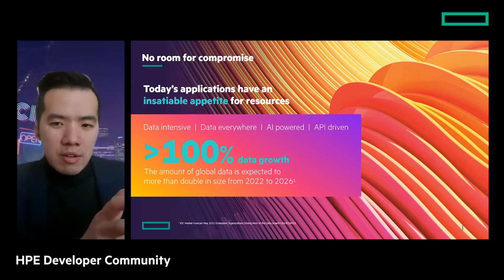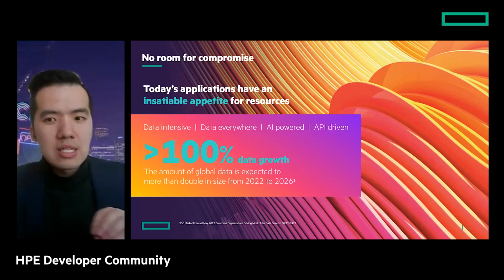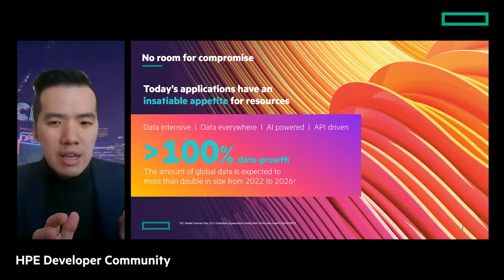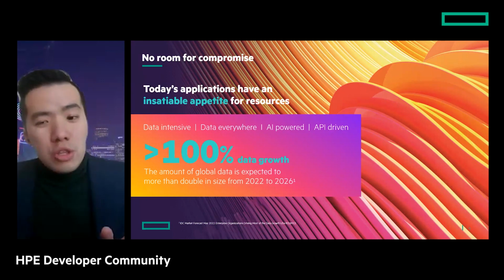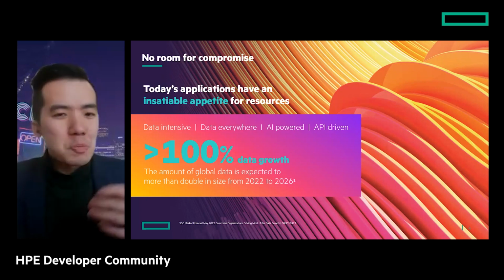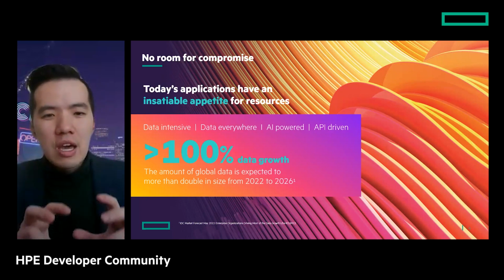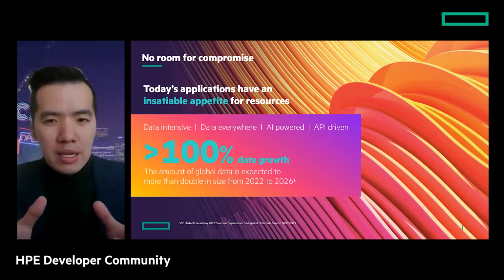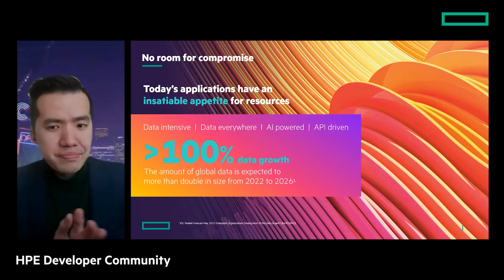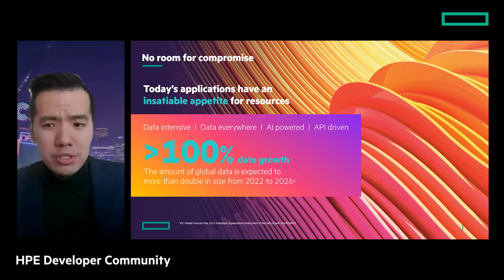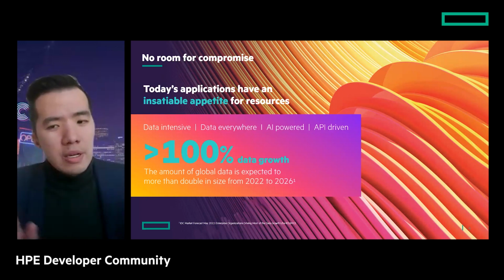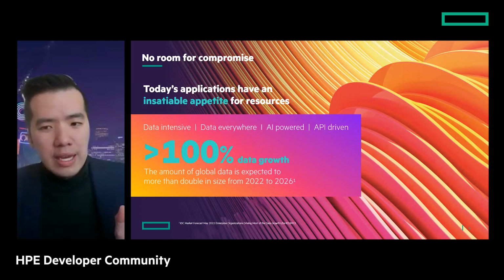And in a data-first world that's increasingly data-intensive, AI-powered, API-driven, with data everywhere, you then throw in considerations like resource constraints, space, power, cooling, and very quickly you get a complex question that needs solving. So again, linking digital transformation to sustainability can bring great dividends, but it also presents friction that we have to address.